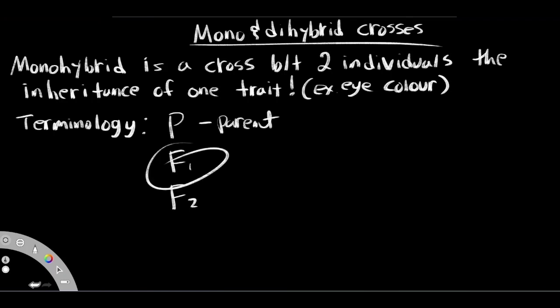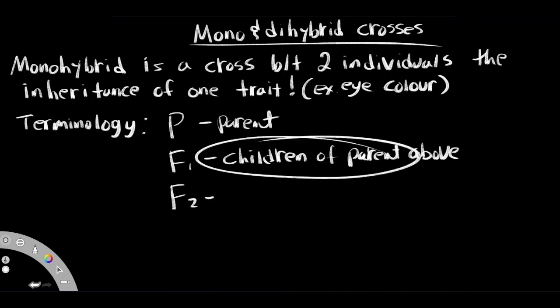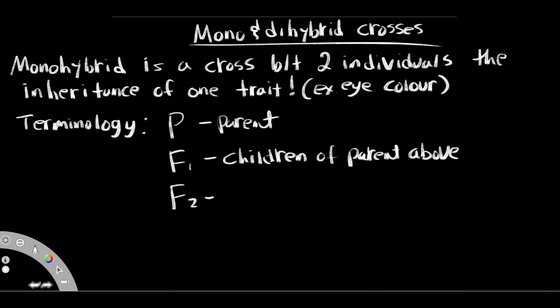Then this one here was the offspring of those two parents, just the children of the P. Sometimes we call them the first filial, but children of the P above is more simple. And then F2 is obviously the children of the F1 generation, so the second filial.